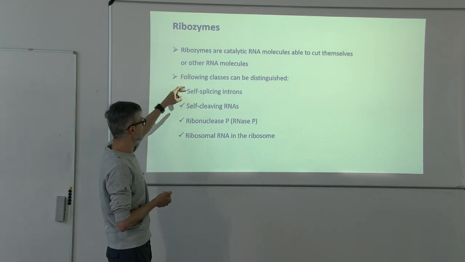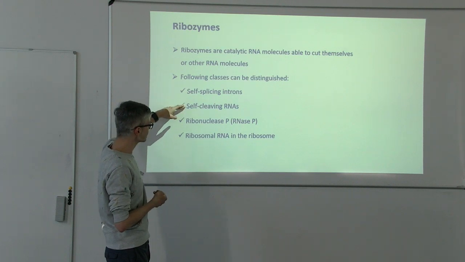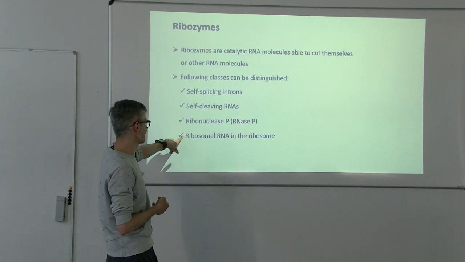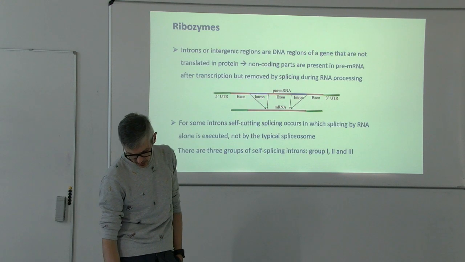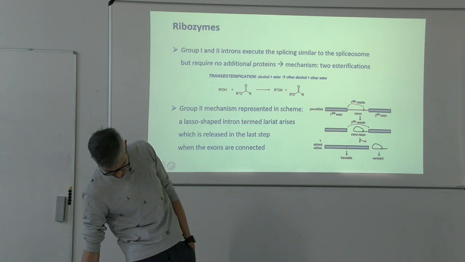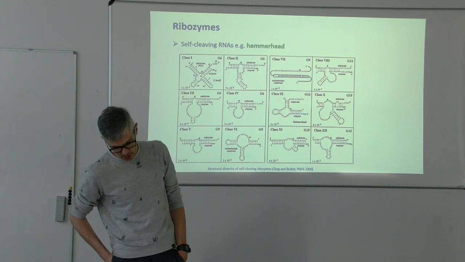They can be self-splicing, they can be self-cleaving. Then you have RNase P, and then you have, of course, the ribosomal RNA in the ribosome. And then some more information about that is shown here, how the splicing works, and specifically this reaction. Then you have the self-cleaving RNAs.